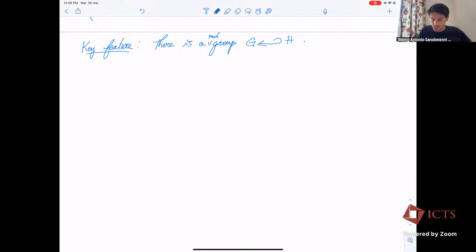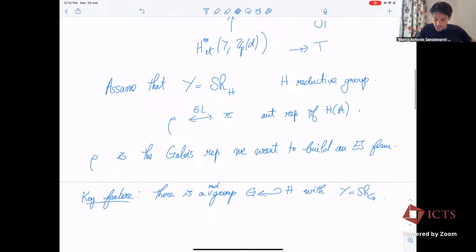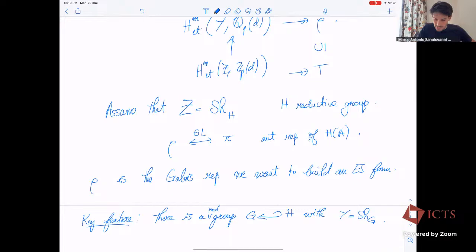So there is a reductive group G containing H, with a Shimura variety, the Shimura variety of G. Here I called it Y; let me call it Z, to be consistent with my later notations.